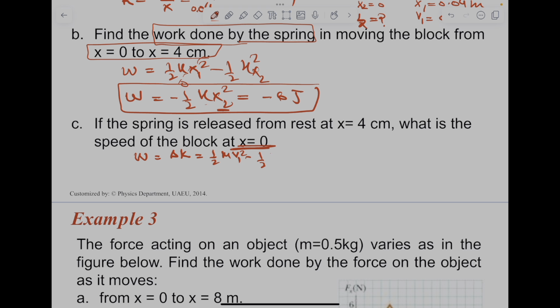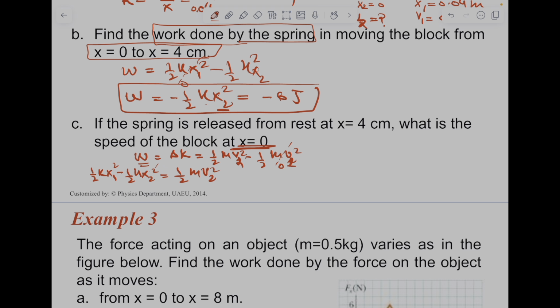Sorry, it starts from rest, so v1 goes to 0, and your work done by the spring is 1/2 kx1 squared minus 1/2 kx2 squared equals 1/2 mv2 squared.